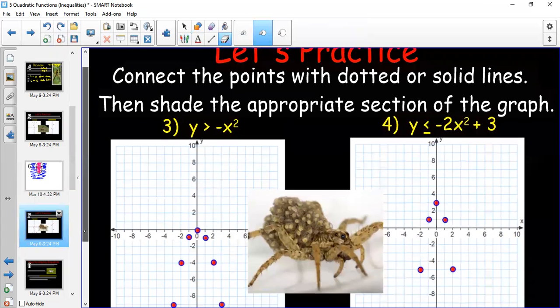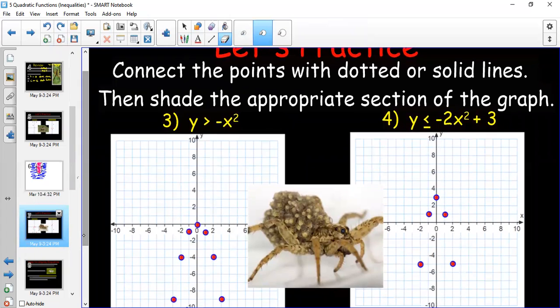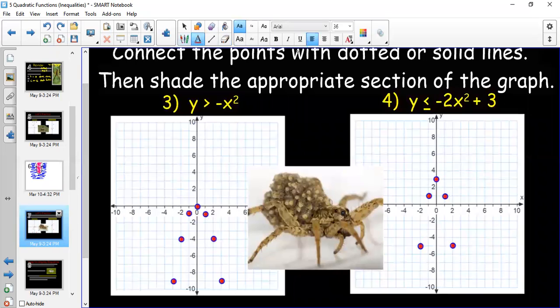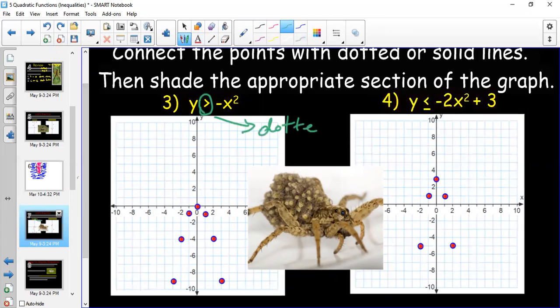All right, so first off, we are going to connect it with either a dotted line or a solid line. So on the first one, because it is just a greater than symbol, that means it's got to be dotted. So I'm just going to fill in those points. We already graphed it with a dotted parabola.